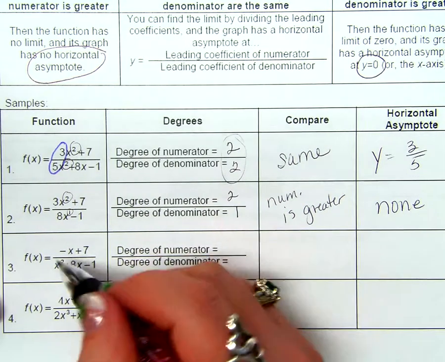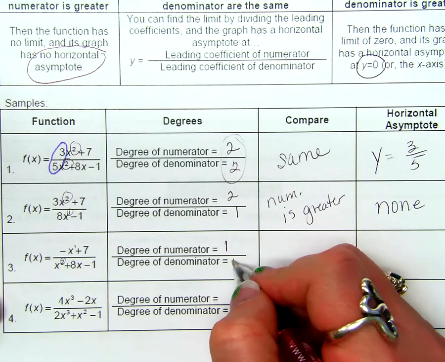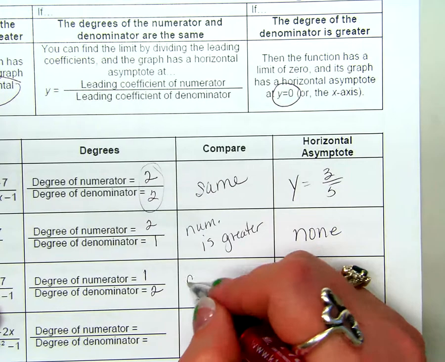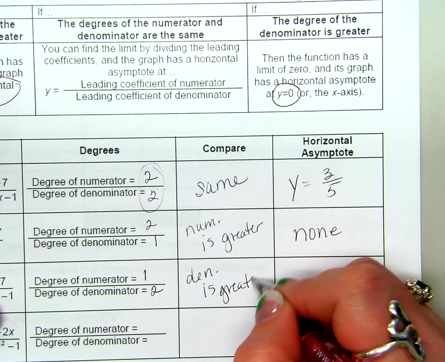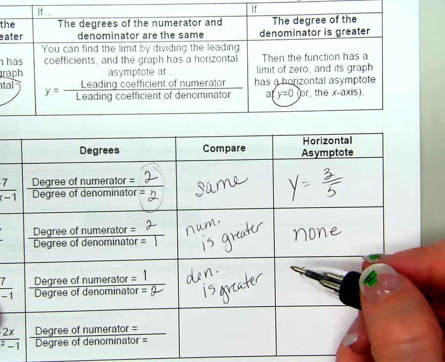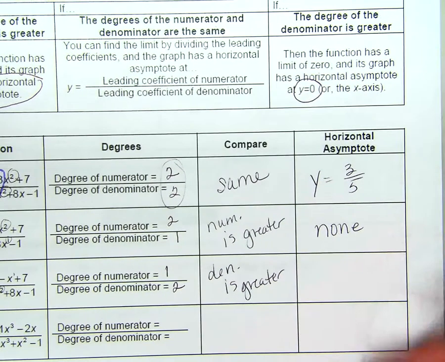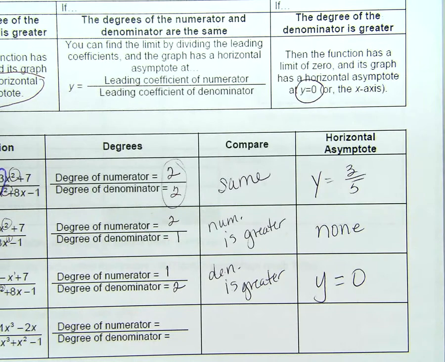Problem number 3, degree of the numerator is 1. Degree of the denominator is 2. So the degree of the denominator is greater. When the degree of the denominator is greater, we have an asymptote at y equals 0.